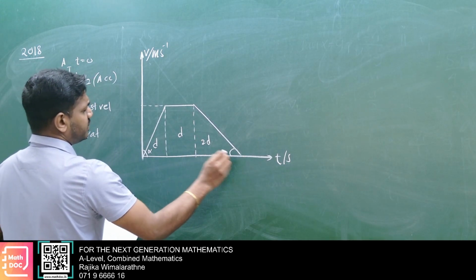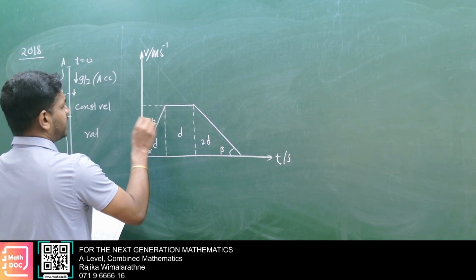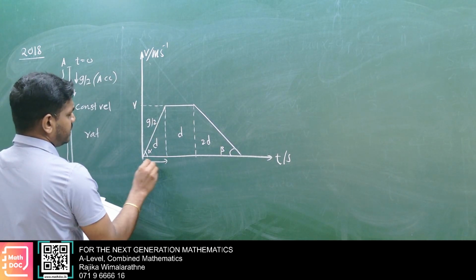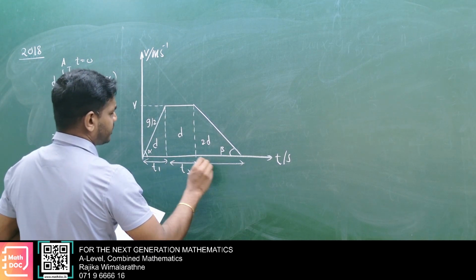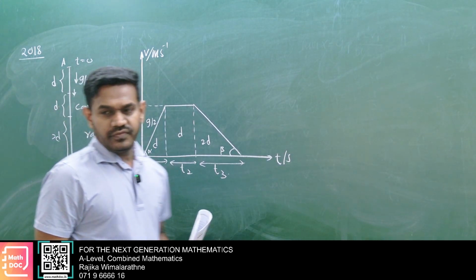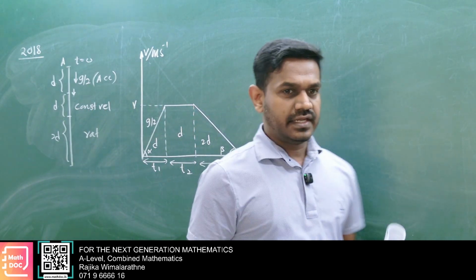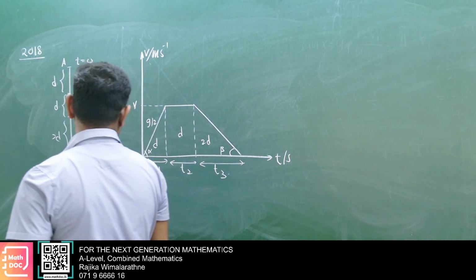Take alpha, beta. Here g by 2, take this velocity v, time durations t1, t2, t3. We have only displacement relation and gradient relations. Do alone. No hurry, take your time.